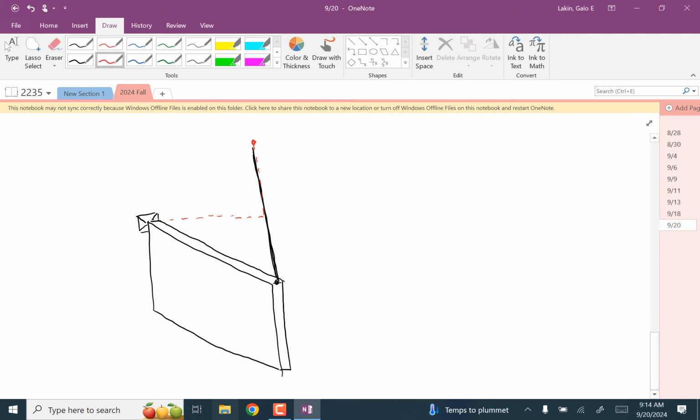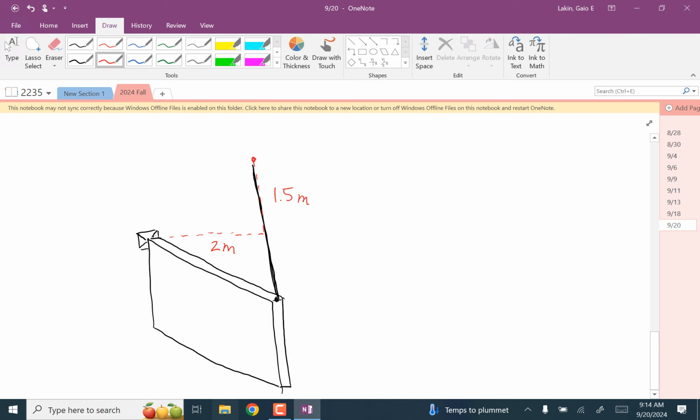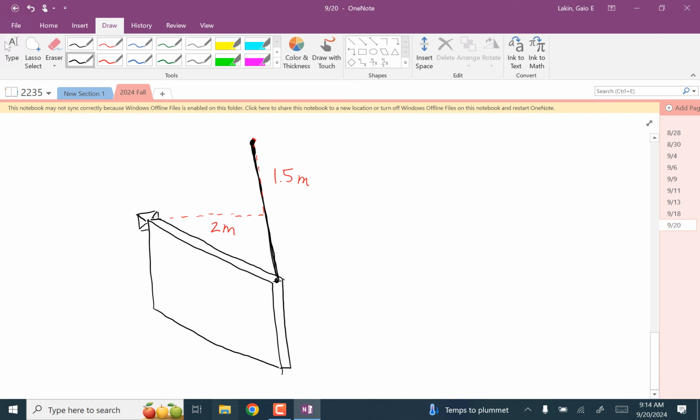And this distance is 2 meters. This distance is 1.5 meters. And then the second cable is 0.5 meter from the end. And it's connected to the wall 1 meter over and 1 meter up.